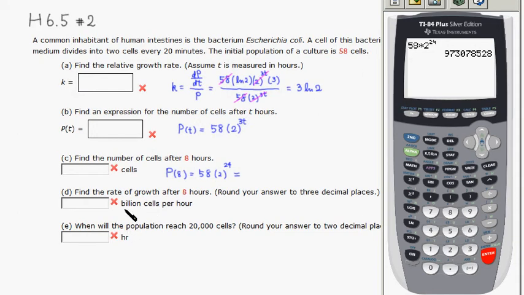Now let's look at part D. We want to find the growth rate after 8 hours.